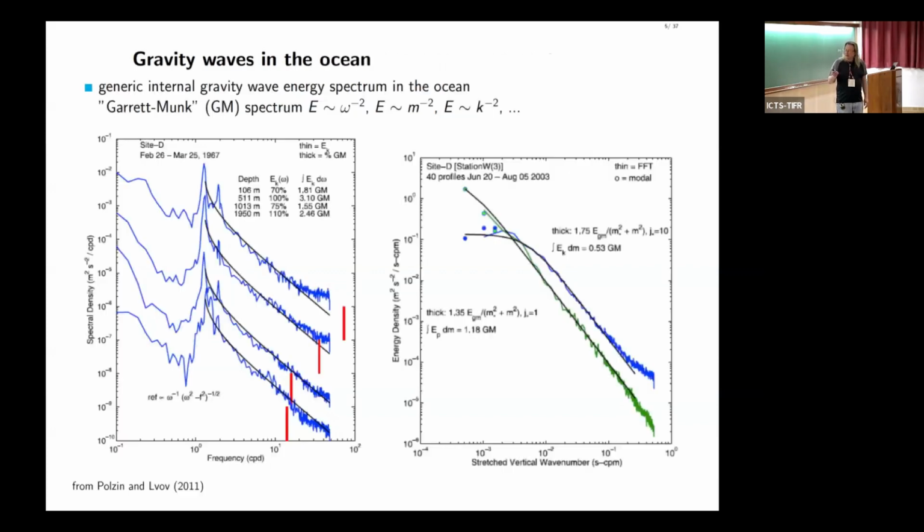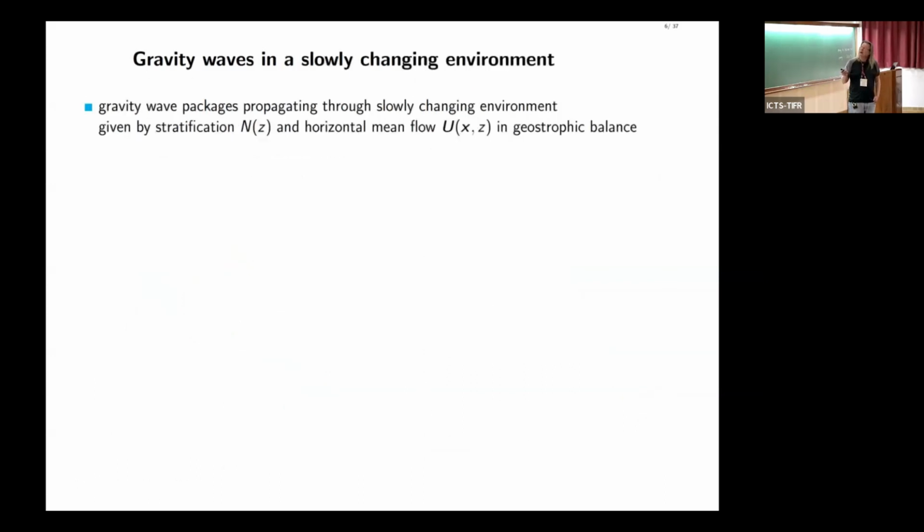Okay, but you already saw this. There's a problem here. For normal plane waves, we have to assume constant environmental parameters like f, N, and everything. But here the N, the frequency, is changing. The stratification is changing. So what to do with this situation is, of course, you have to invoke WKB theory, and I want to bring this a little bit closer to you.